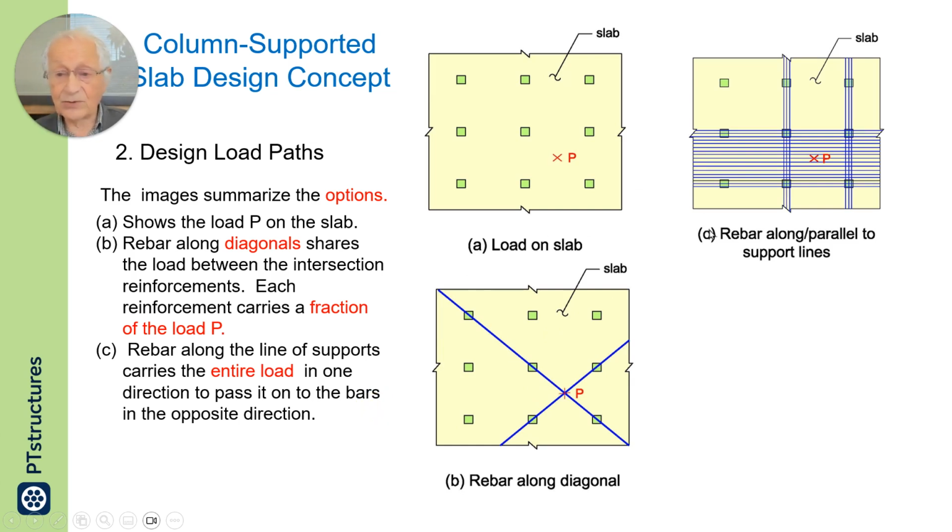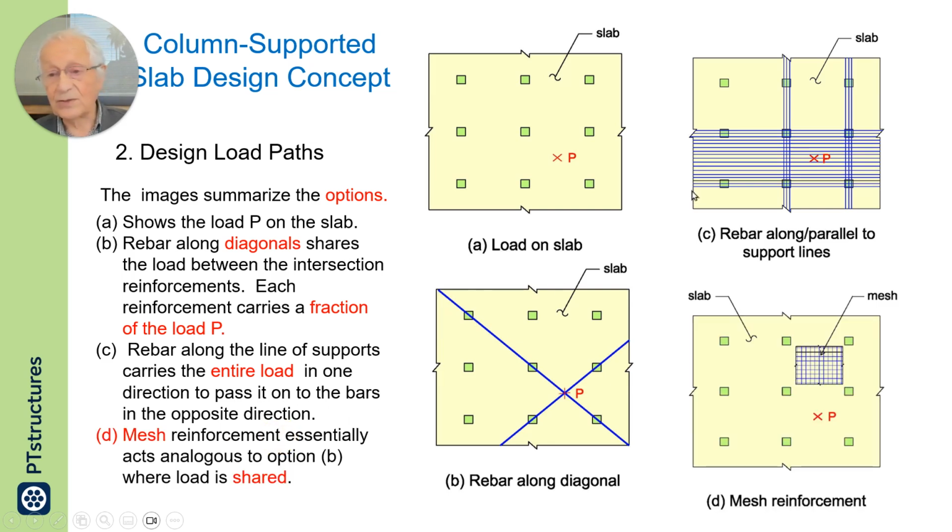Now, the one shown in C, rebar along the line of supports, carries the entire load in one direction and passes it on to the bars in the opposite direction. So you have to design it once in this direction for 100% and once up-down for 100%.